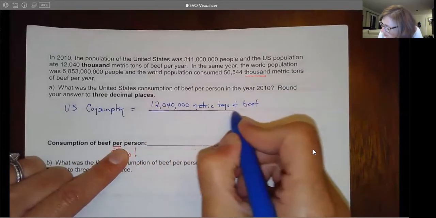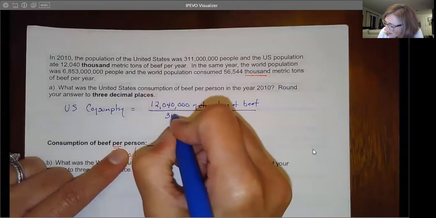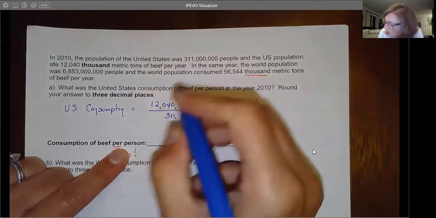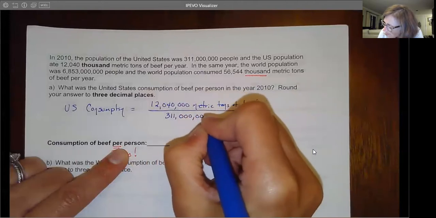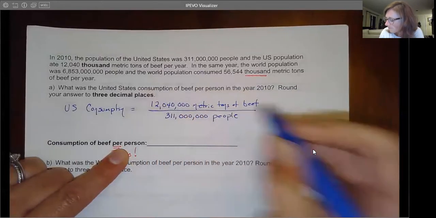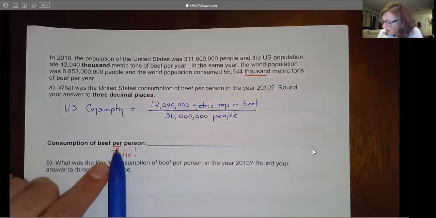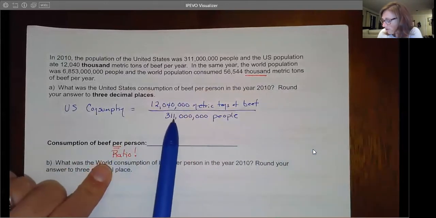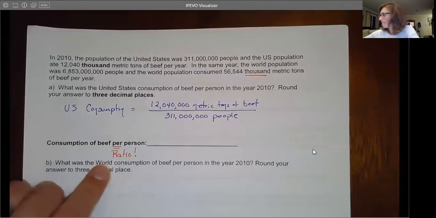So we got to put it over the total number of people. And at that time, it was 311 million people. So there's your rate. But we want to do a unit rate because it doesn't say for every 311 million people. It says per one person, per person.